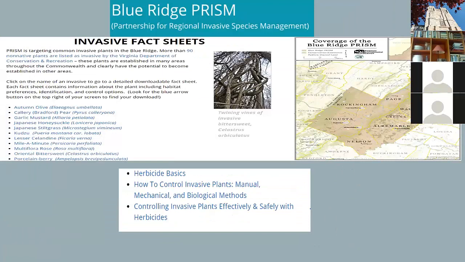So like I said, Blue Ridge PRISM is the Partnership for Regional Invasive Species Management. It's a really, really great resource. Their mission is to lessen the negative impact of invasive species on both private and public lands within 10 counties in Virginia's northern Blue Ridge region. That includes Clark, Warren, Rappahannock, Page, Madison, Greene, Albemarle, Nelson, Augusta, and Rockingham counties.